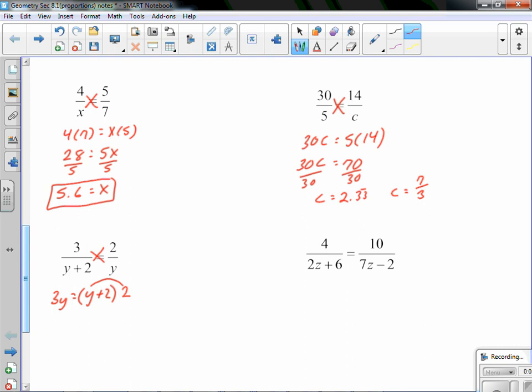So we're going to distribute that 2. 3y equals 2y plus 4. Subtract the 2y. And our y value is going to be 4.